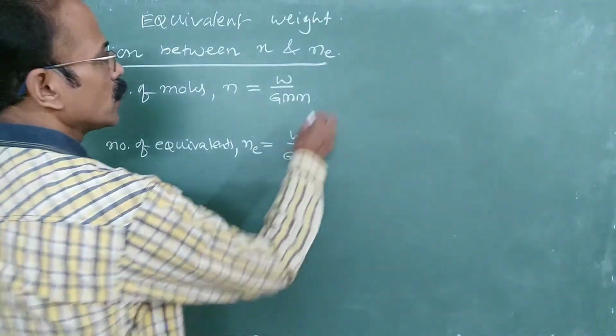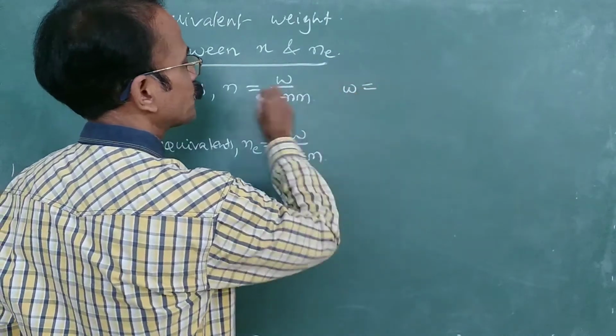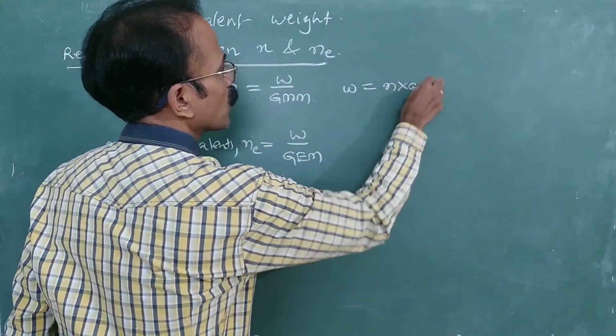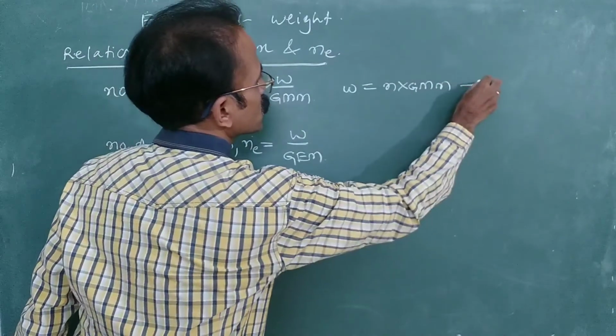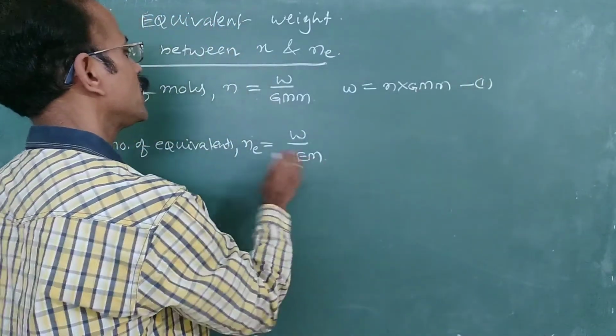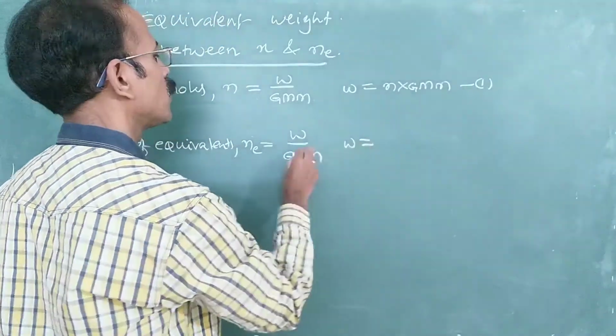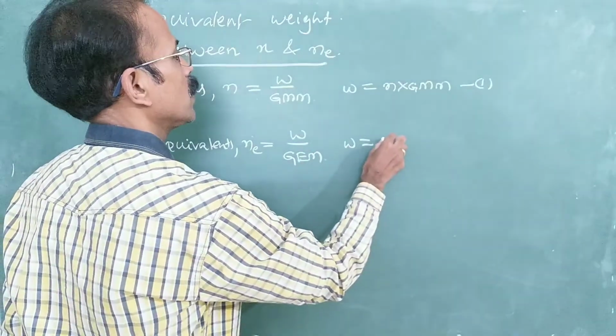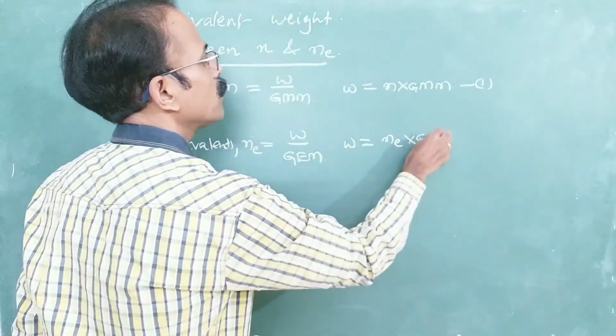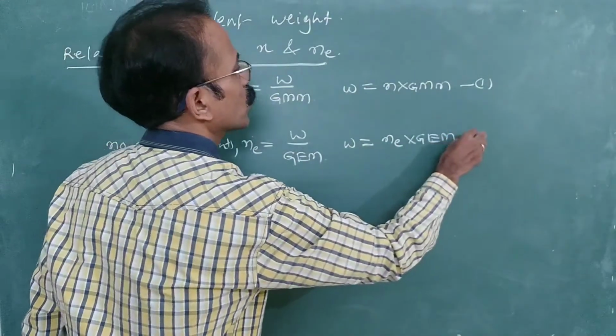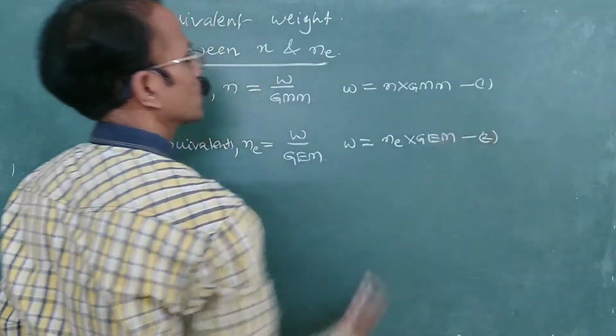Now mass is equal to what? Number of moles into gram molar mass. Okay, so this is equation 1, and similarly here mass is equal to number of equivalents into gram equivalent mass. Let us say this is equation 2.